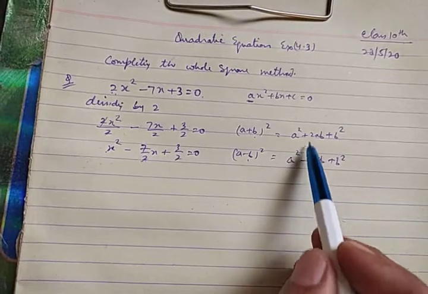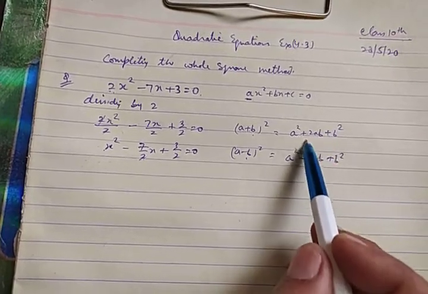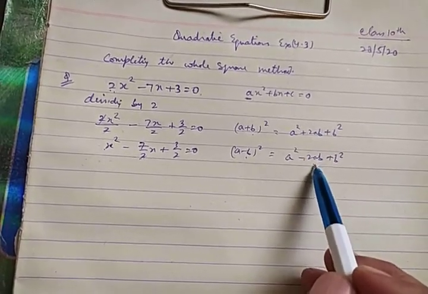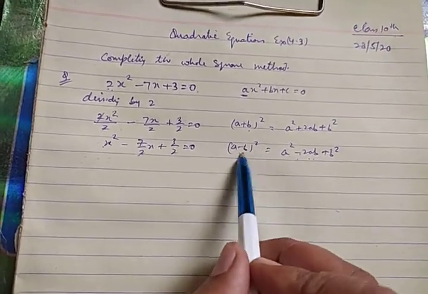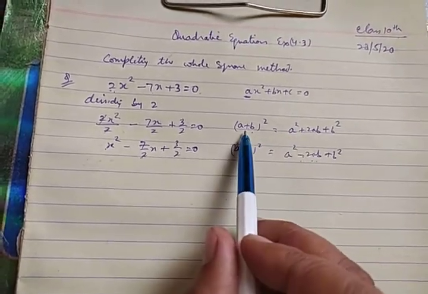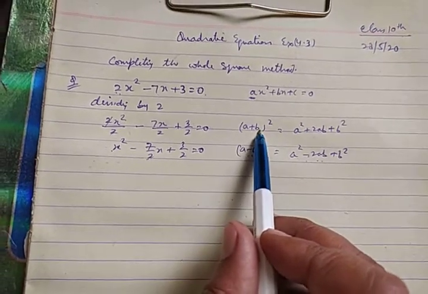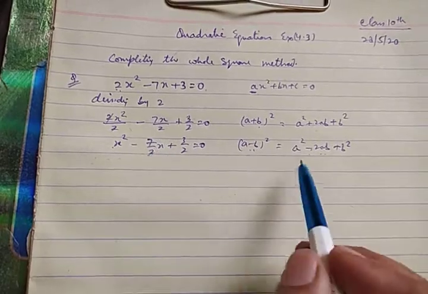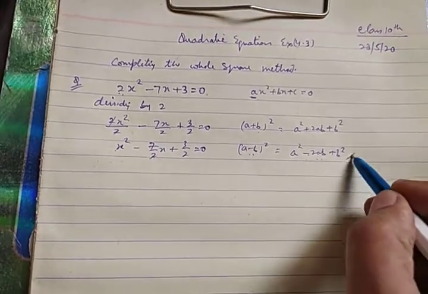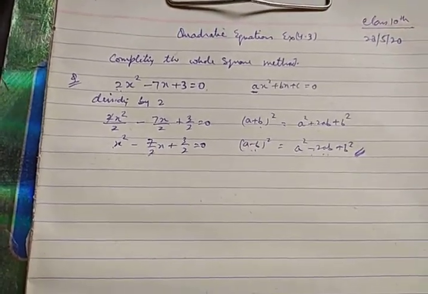Only the minus sign, the difference of sign in the middle term, the 2ab term. If the 2ab term is negative, it will be a minus b whole square. If it is positive, it will be a plus b whole square. Here a minus sign is looking, it means this format is to be followed.